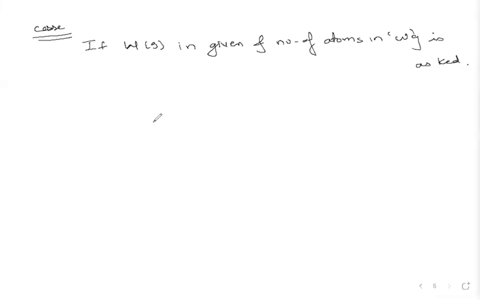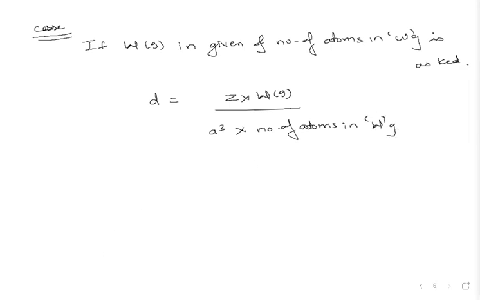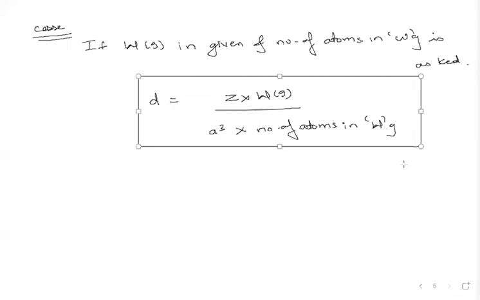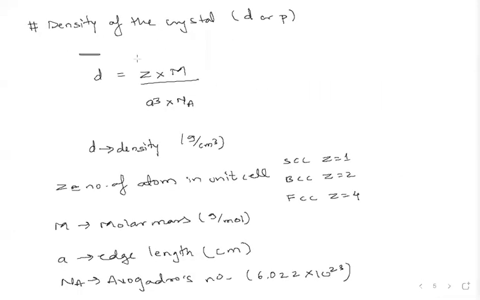So in this case, we have to use the formula D is equal to Z into W in gram divided by A cube multiplied by number of atoms in W gram. So this formula we have to use in case W is given, and in case ये formula का use करना है when molar mass is given. Clear?